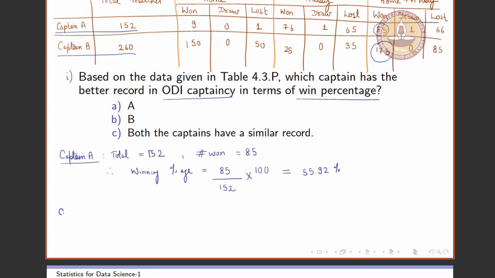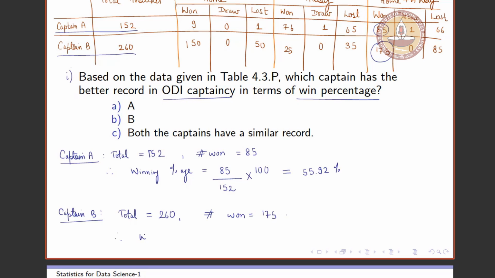Now we will check for Captain B. Total number of matches played by Captain B is 260 and number of matches won is 175.